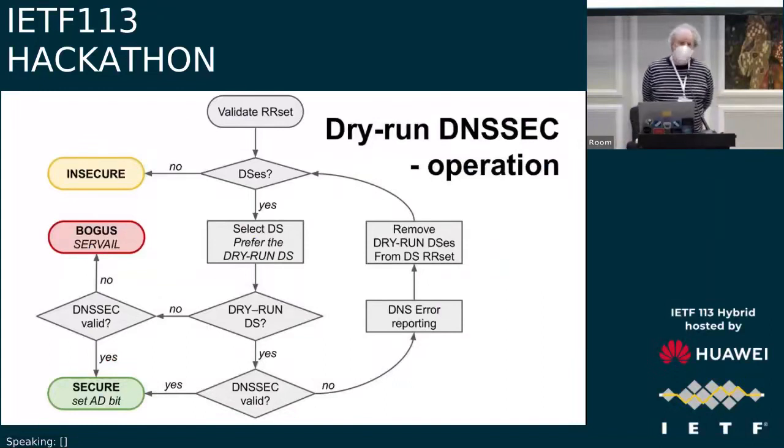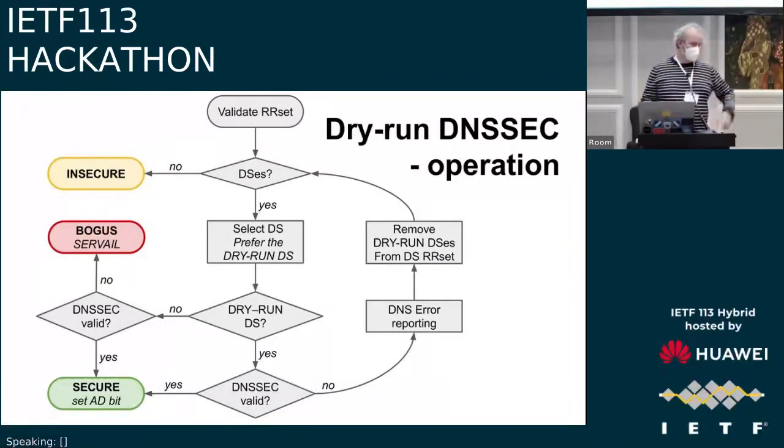This is the ID. If you have dry run DNSSEC DS in the parent, you're going to try that first. If it works, great, the answer is secure. If it doesn't, then you fall back to what the situation would be without this delegation signer.